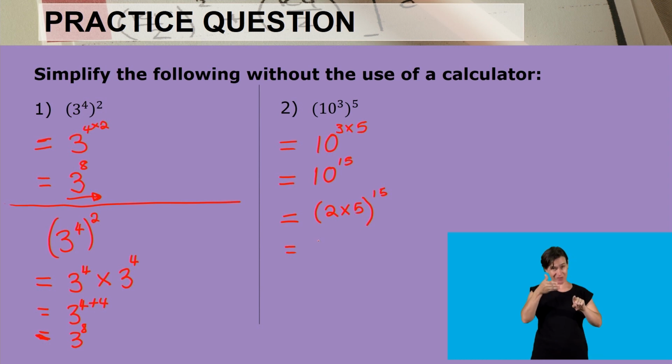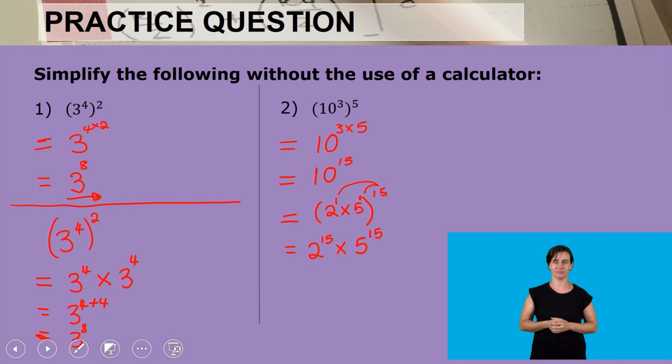Because that 2 has an exponent of 1 and that 5 has an exponent of 1, the exponent will multiply with each of the exponents within the product. That gives us 2 exponent 15 multiplied by 5 exponent 15, because that 15 comes from 1 multiplied by 15, and again 1 multiplied by 15.